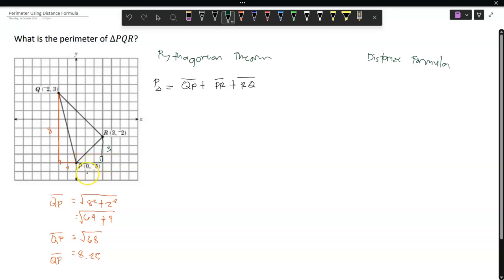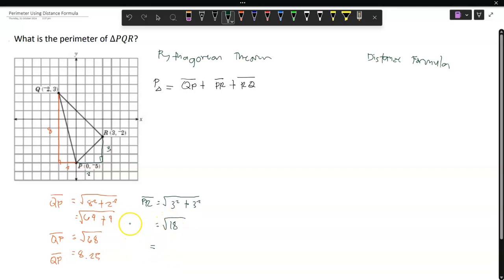That's another 3 units. So I'm going to write my PR. PR is equal to the square root of 3 squared plus 3 squared. This is just 9 plus 9, that's 18. So I'm going to have square root of 18.